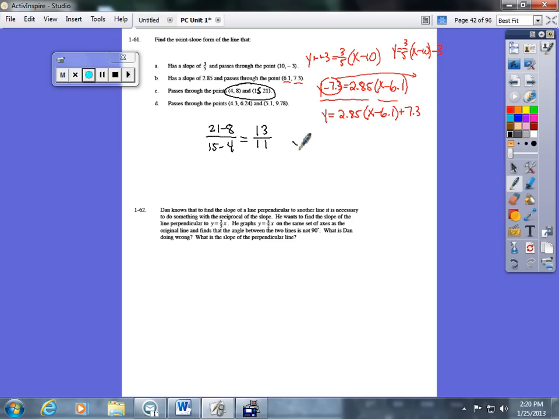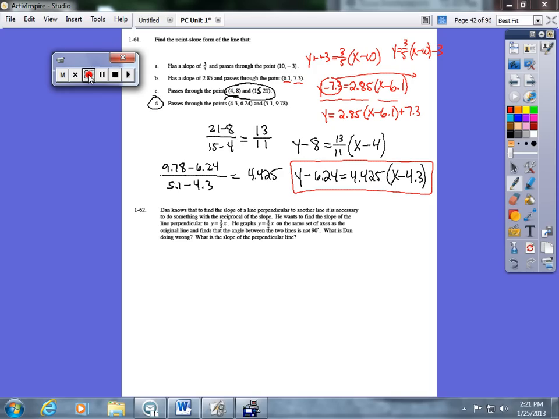So point slope form would be y minus, choose a point, 13/11 times x minus 4. I chose the first point. Does it matter which point you choose? Absolutely not.